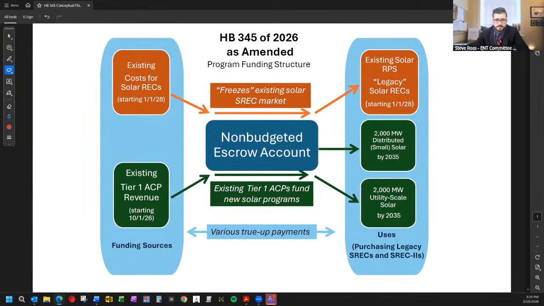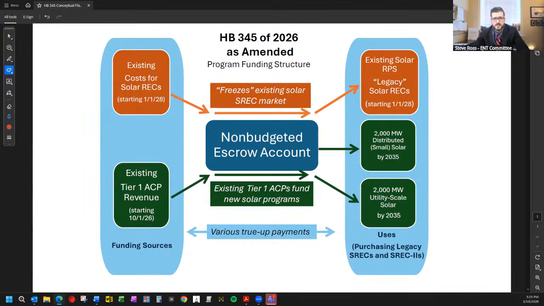Okay, and then does the escrow money pay for procurement? The escrow account will fund the payments for the build out. There are multi-year payments. I believe for the small ones it's 15 years, and for the large ones it's a time set by the PSC to allow for good financing rates. It's not a specific time.